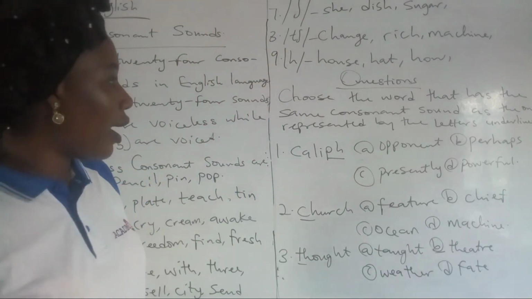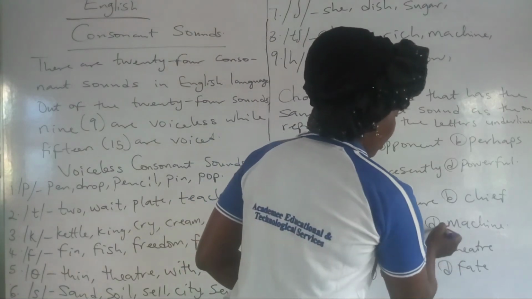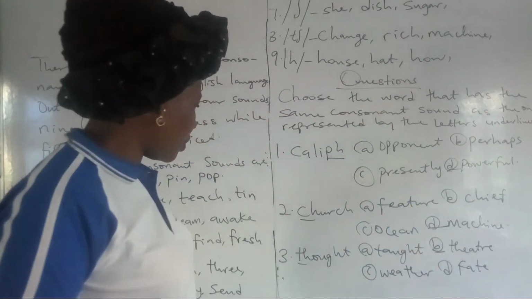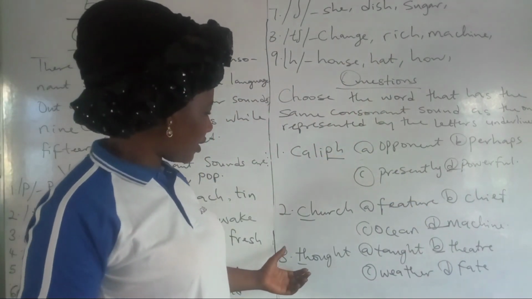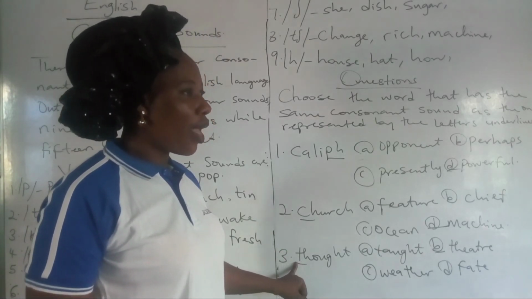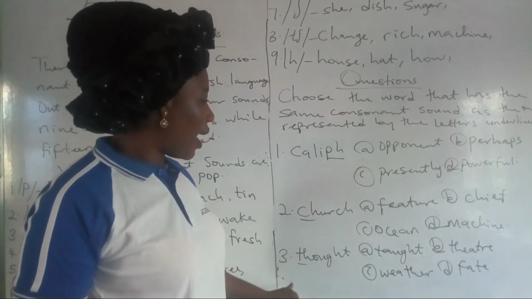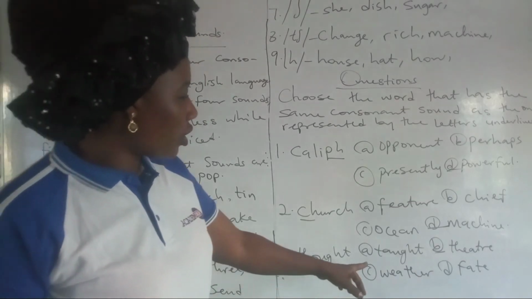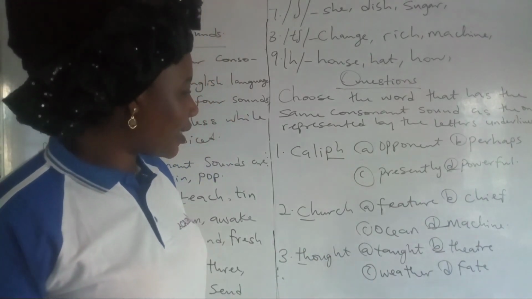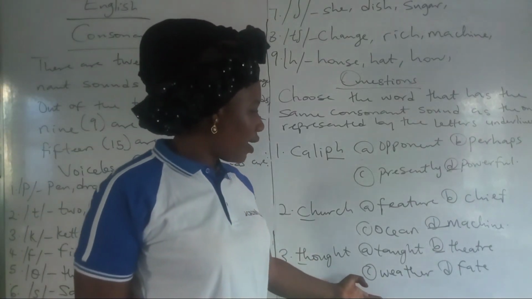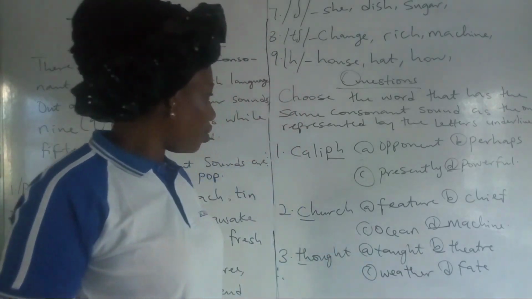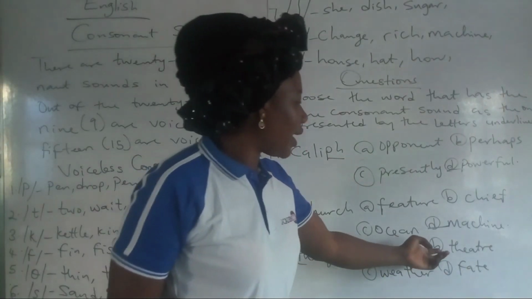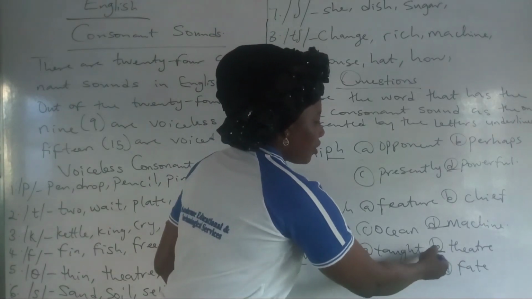So machine is our option here. Then the next one, which is the last for today's lesson, is thought. We have options like thought, theater, weather, and faith. So the correct option is theater. That is our correct answer.